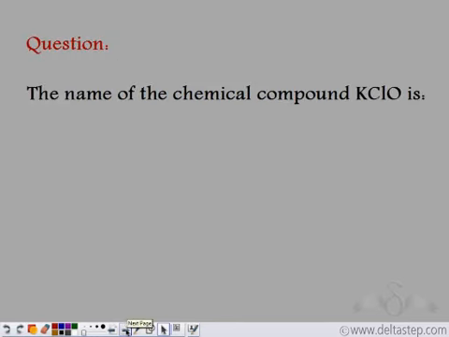The name of the chemical compound KClO is, so in this case, you see that there is one oxygen atom. And the rule says, when we have oxygen atoms less than 2, the metal remains as it is, that is potassium. And we have the non-metal, which is given the prefix hypo and suffix "ite."